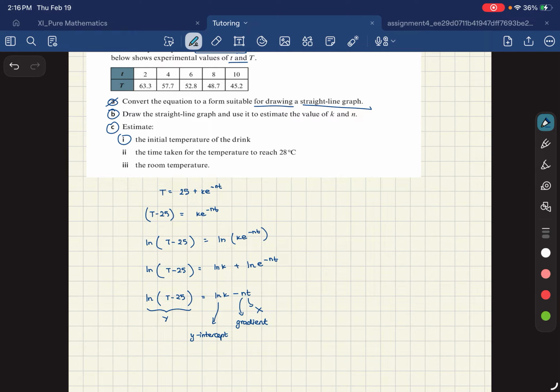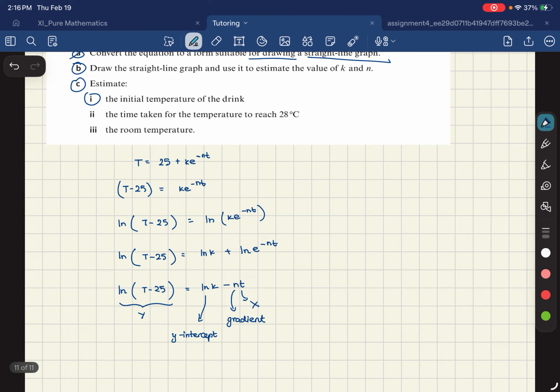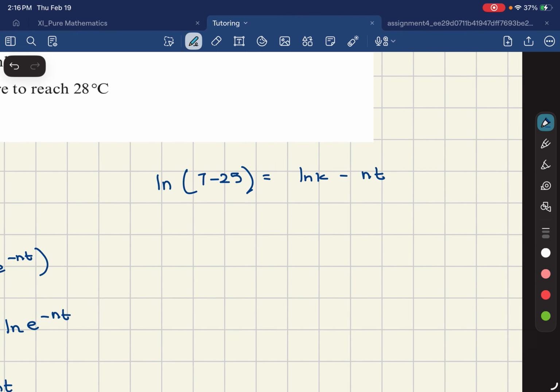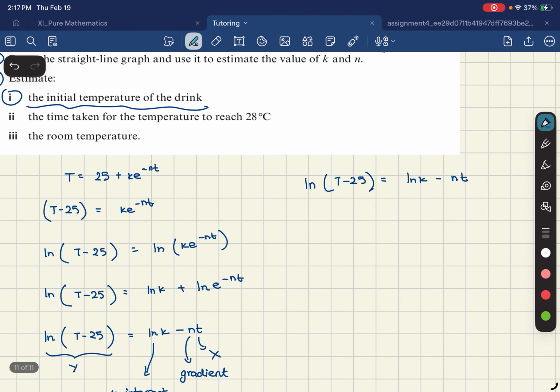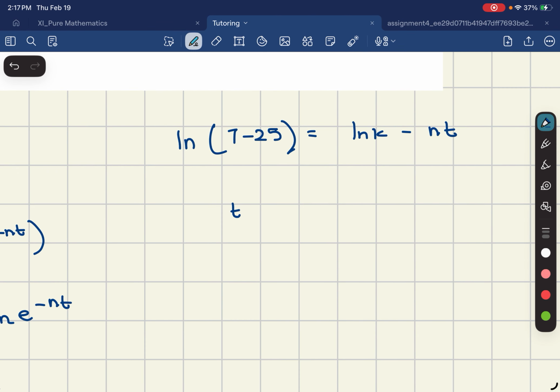So estimate the initial temperature of your drink. We will use the equation that we just found: ln(T - 25) is equal to ln k minus nt. And it says, what is the initial temperature of the drink? Well, at t is equal to 0.